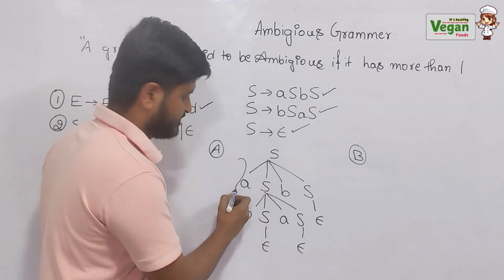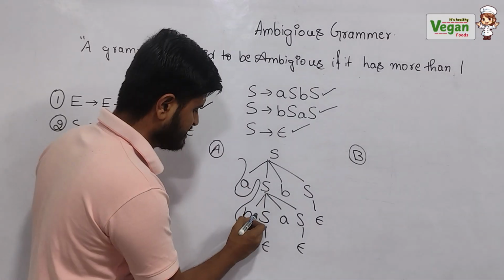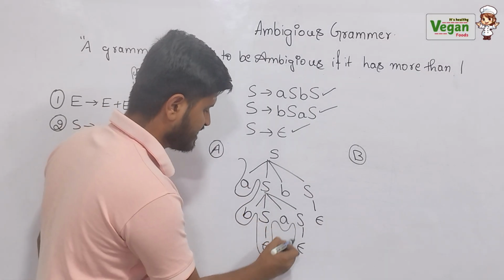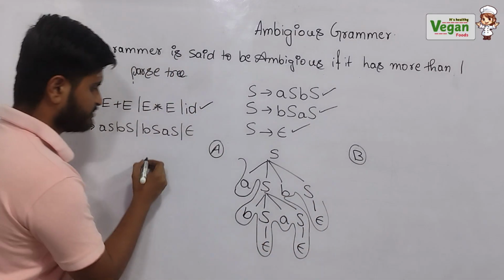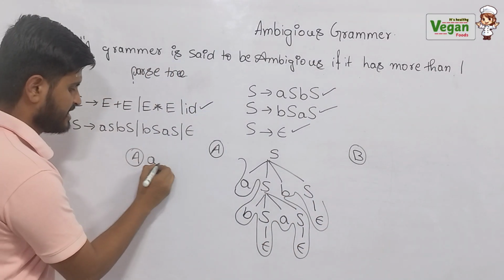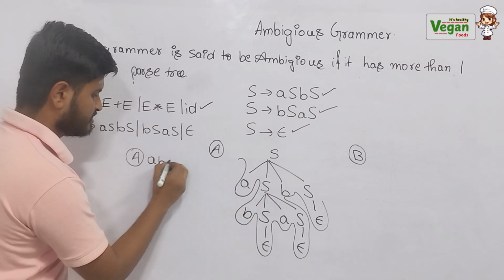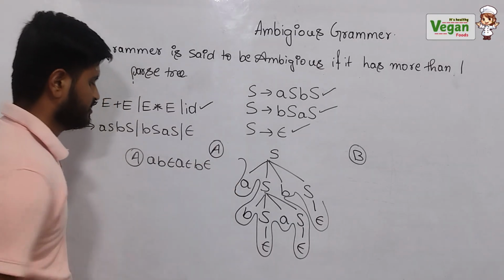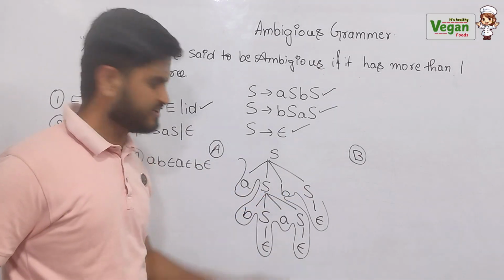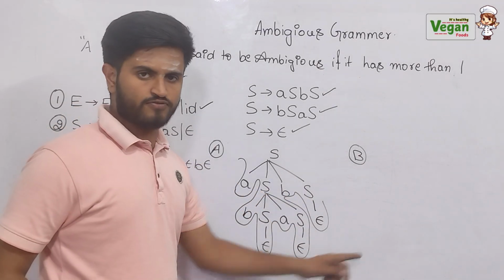Travel from left to right: A, B, epsilon, A, epsilon, B, epsilon. So my string of A is A, B, epsilon, A, epsilon, B, epsilon. Just write the leaf node answers, that is, those with no further children.